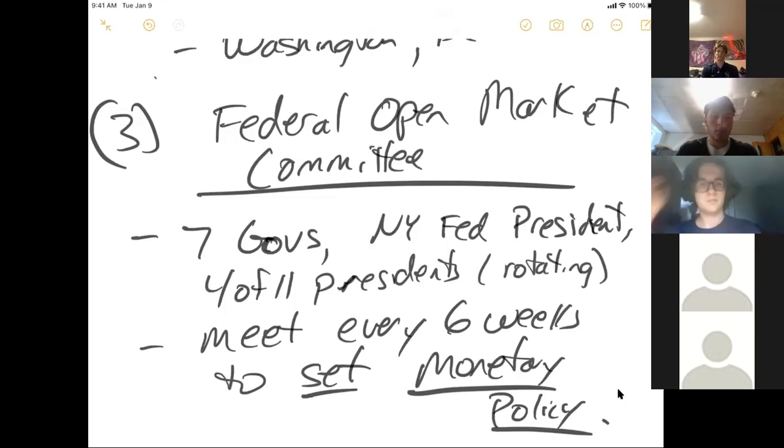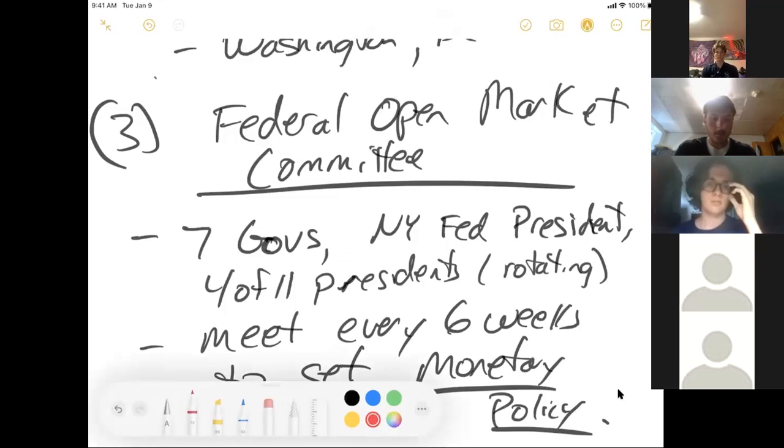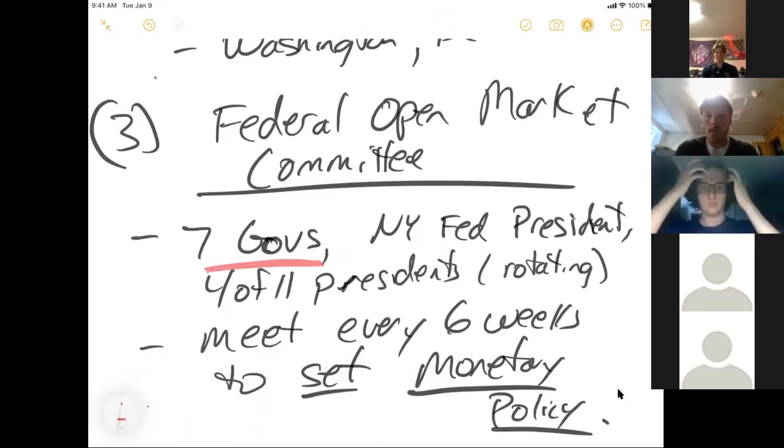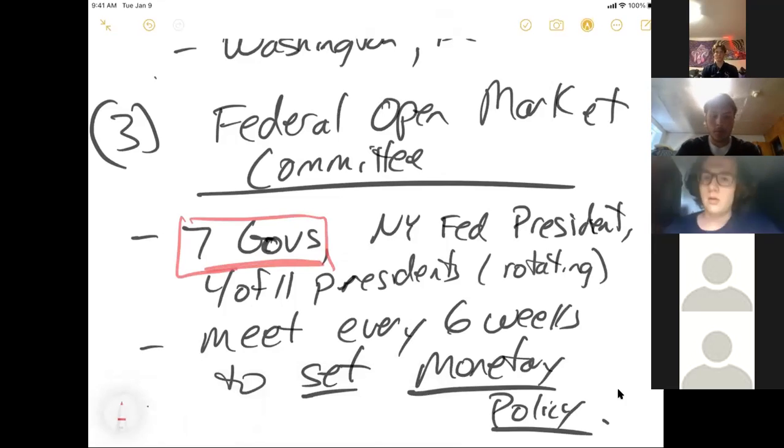But very importantly, who's the majority on this committee? The 7 governors, right? There's 12 people on this committee, 7 of them are governors. So the governors are still the majority power on this committee. Okay? So when the Board of Governors get together to meet, that's news, right?